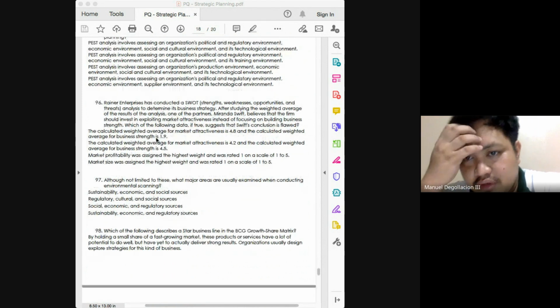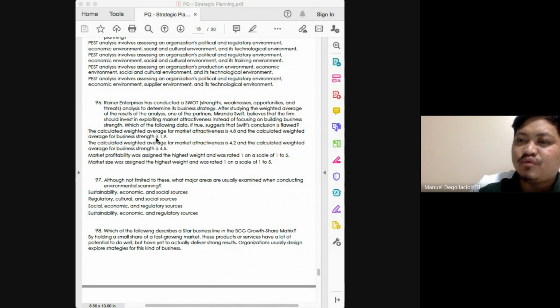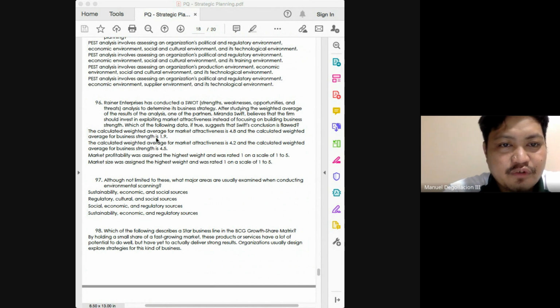The company has conducted a SWOT analysis to determine its business strategy. After studying the weighted average of the results of the analysis, one of the partners believes that the firm should invest in exploiting market attractiveness instead of focusing on building business strength. Which of the following data, if true, suggests that Swift's conclusion is flawed? The calculated weighted average for market attractiveness is 4.8, and the calculated weighted average for business strength is 1.9.